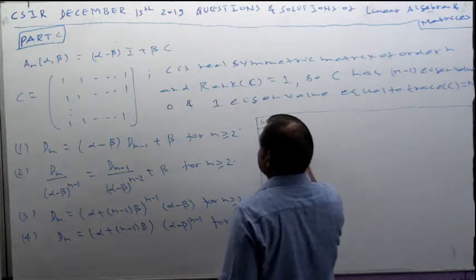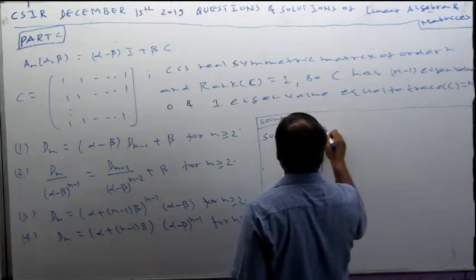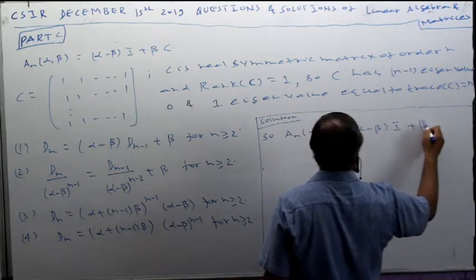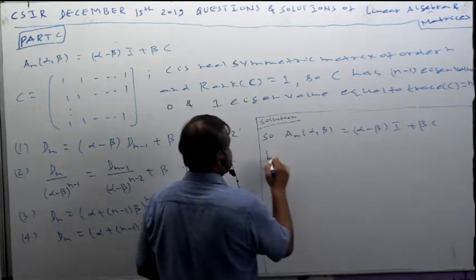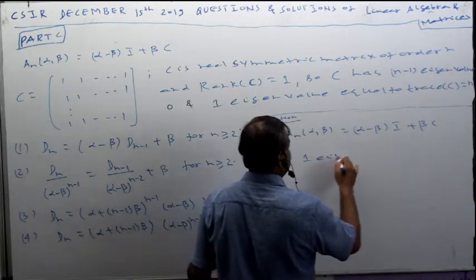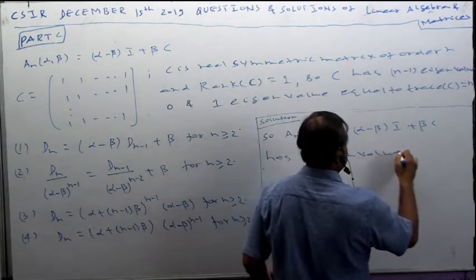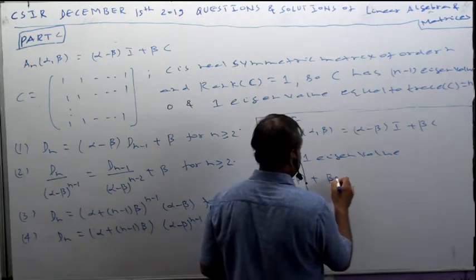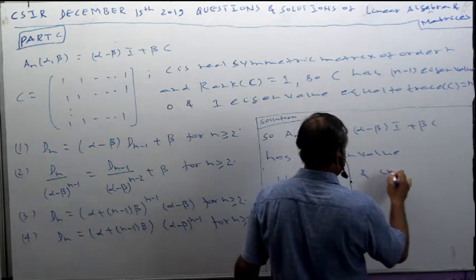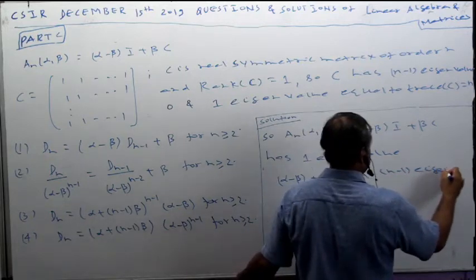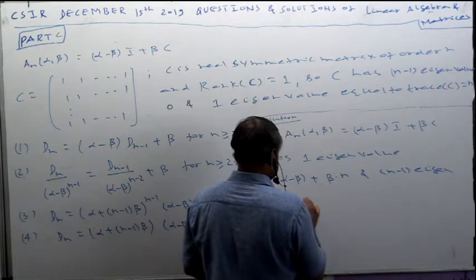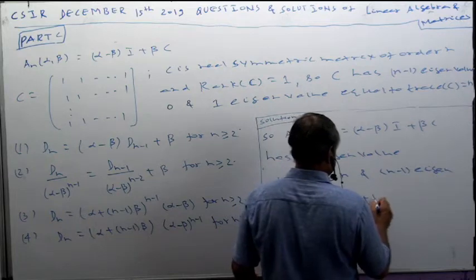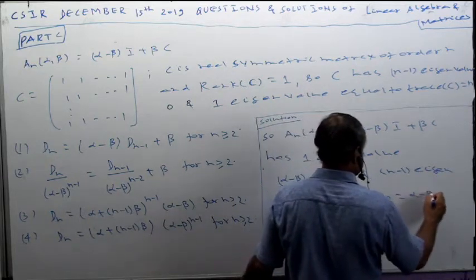So first I will write that A_n(alpha, beta), which is equal to (alpha minus beta) I plus beta C, has one eigenvalue alpha minus beta plus beta times of n, and n minus 1 eigenvalues alpha minus beta plus beta times of 0, that is alpha minus beta.